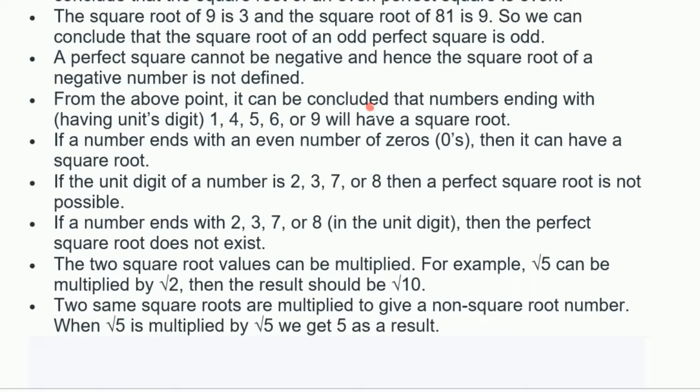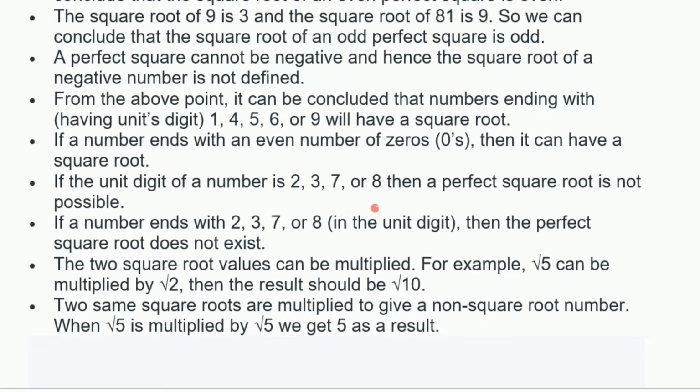From the above, we can conclude that numbers ending with 1, 4, 5, 6 or 9 can have a square root. And if a number ends with an even number of zeros, then it can have a square root. For example, 100 has a square root, 10,000 has a square root.